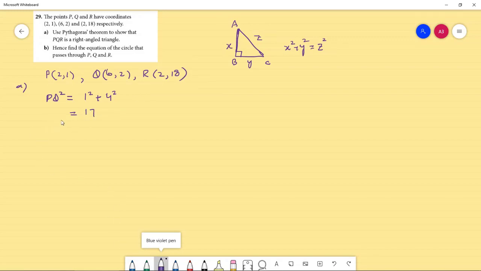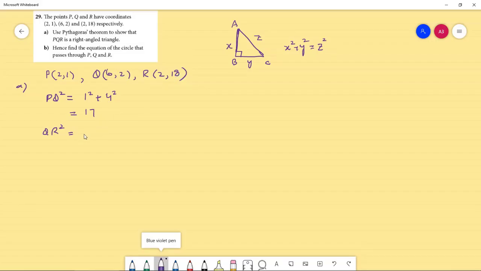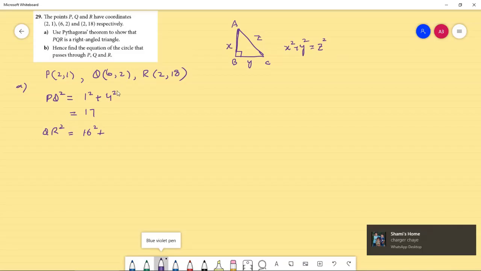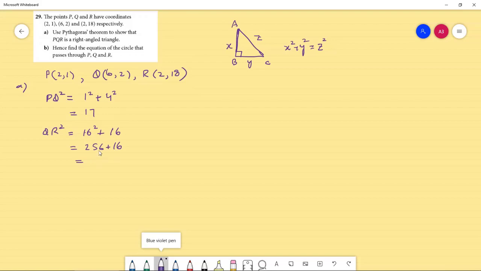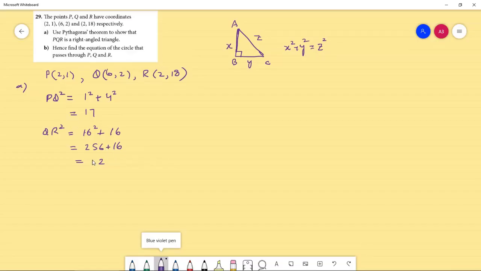Then the next is QR². QR² is (18 - 2)², 16 squared, plus (2 - 6)², which is 4 squared, that is 16. So 16² is 256, plus 16 is 272.